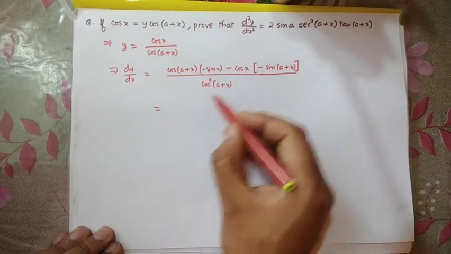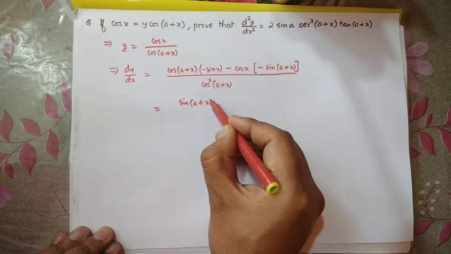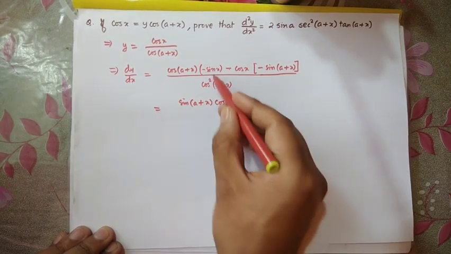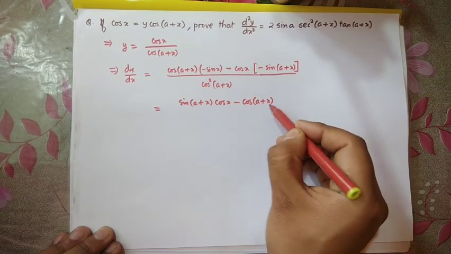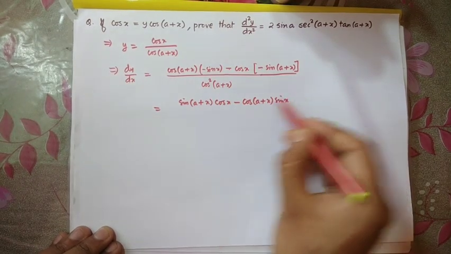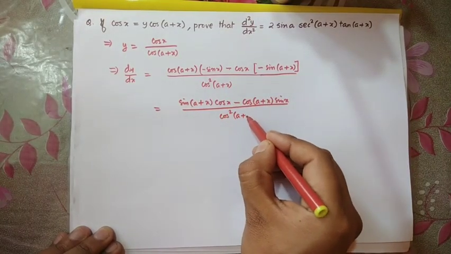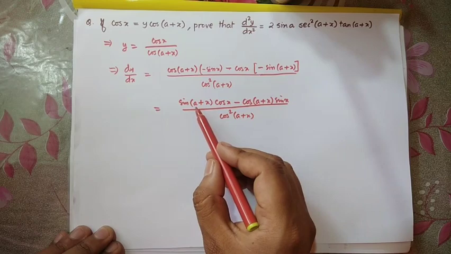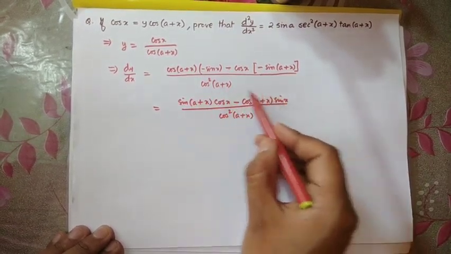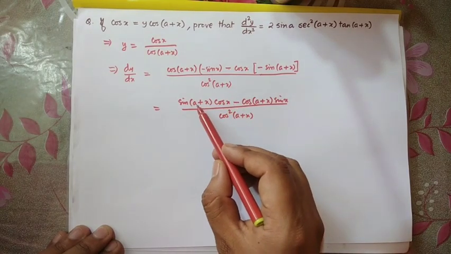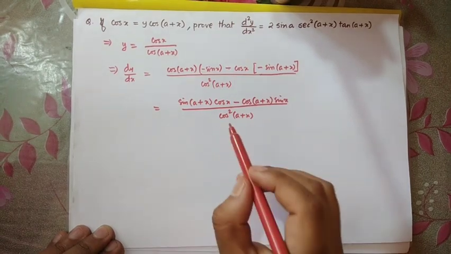So let me write this term first. I have sine (a plus x) cos x minus cos (a plus x) into sin x, by cos square (a plus x). Now this is a formula: sine a cos b minus cos a sin b is sine (a minus b).